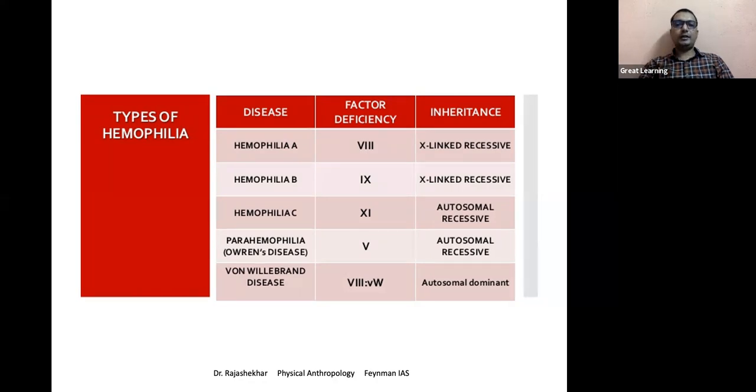If factor 8 is affected, this is called type A hemophilia. If factor 9 is affected, it's called type B hemophilia. If factor 11 is affected, it's called type C hemophilia. But remember, only two, hemophilia A and B, factor 8 and factor 9, is enough. Both are linked to the X chromosome. Otherwise, there are also hemophilias connected to autosomes, but the well-known examples are these two.